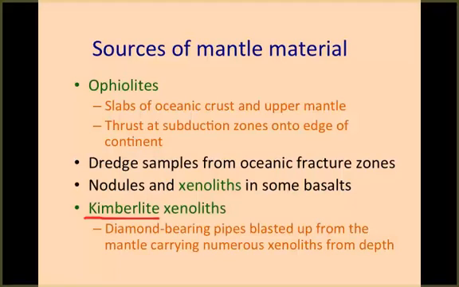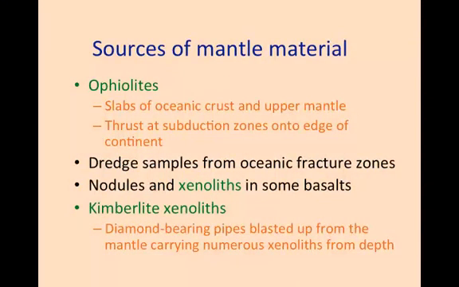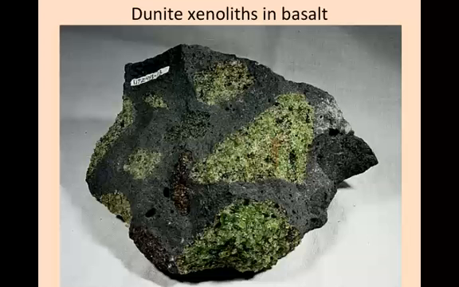And these kimberlite volcanoes are where we get large diamonds that are used in jewelry. And those are coming from deep in the mantle and bringing with them ultramafic xenoliths.